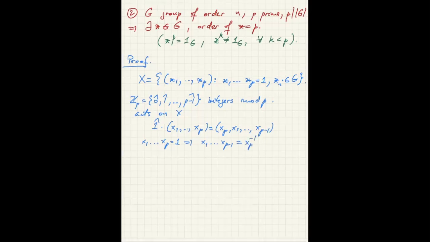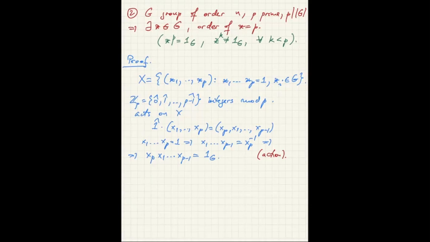So this is multiplication to the right. And now we multiply to the left by XP, and we get that XP times X1 times ... times XP minus 1 equals 1 of G. So again, this is a legit group action.